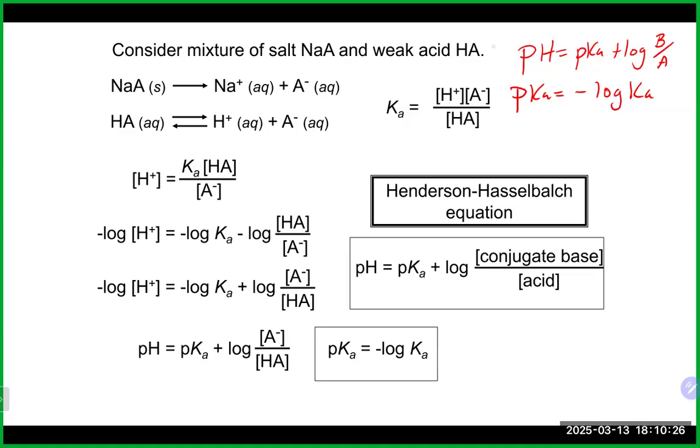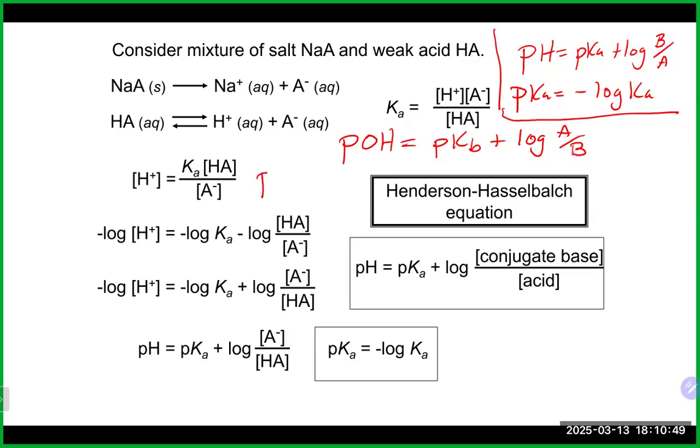Now, I will show you another version of this equation, which does not measure pH, but measures our other favorite thing, which is pOH. And the pOH is equal to the pKb plus the log of the acid over the base, and that is reversed, yes?